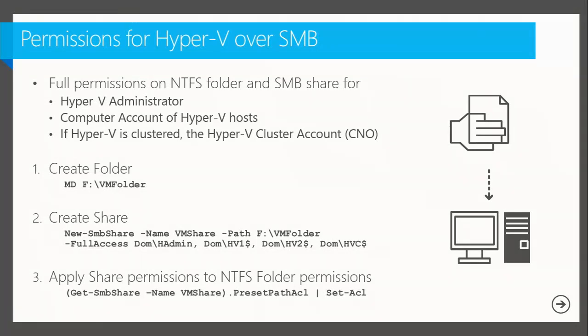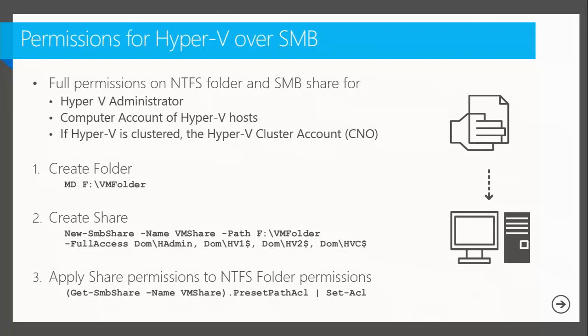You have to give it to the computer accounts of the machines that are going to access the share. Okay? So the names of the Hyper-V machines themselves. And if they are clustered, also to the cluster account of the Hyper-V cluster. Okay? Last thing you have to do is apply the permissions to the folders themselves.